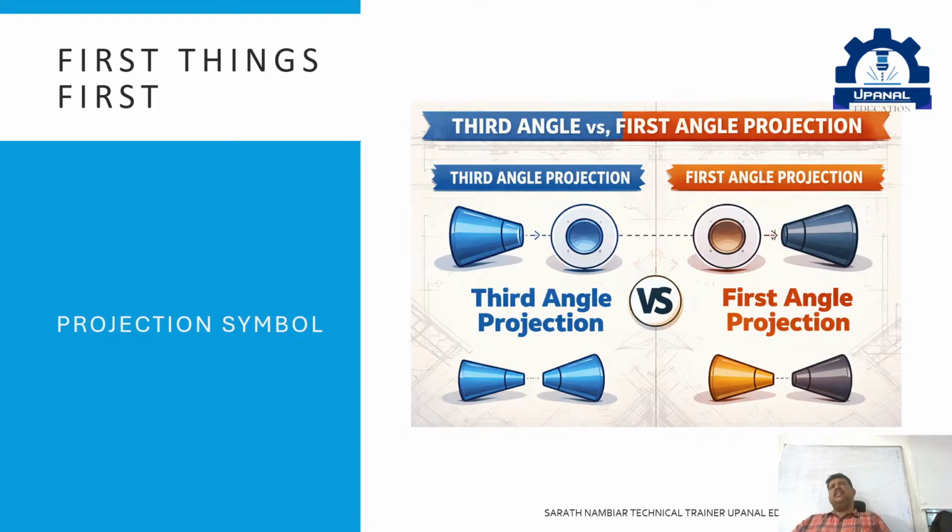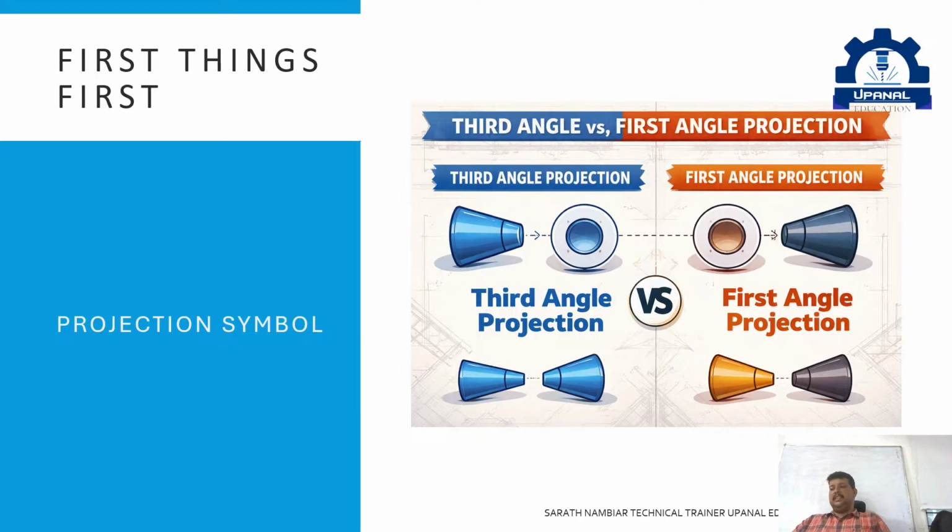So you may be thinking, when I say projection symbol, oh, that's such a small symbol. Is that really important? Yes, it's extremely important because this small symbol decides how the entire drawing is arranged. If you miss this, your brain may interpret the drawing in the opposite way. Let me explain.